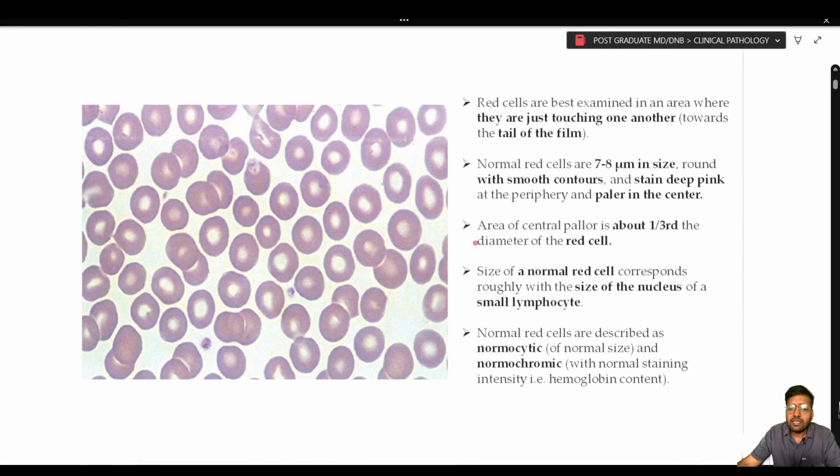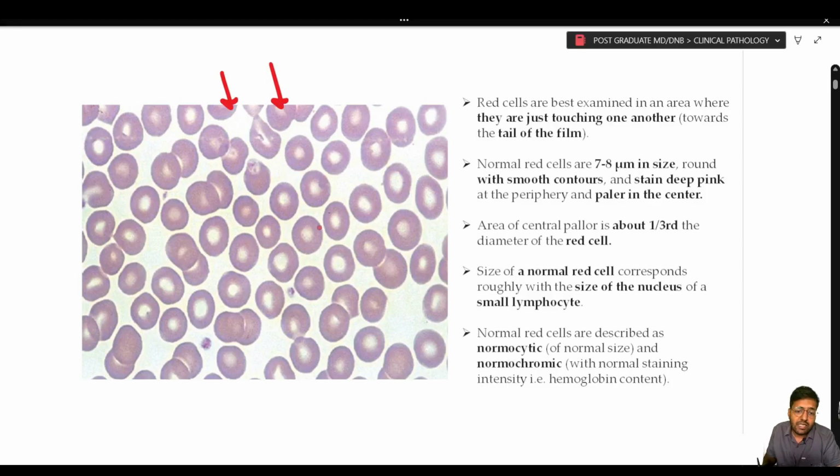Before we go into the morphological variations of the RBCs, we need to understand how a normal RBC looks like. For that, we have to examine a particular area. RBCs are best examined in an area where the red cells are just overlapping each other or just touching each other, as we see over here.